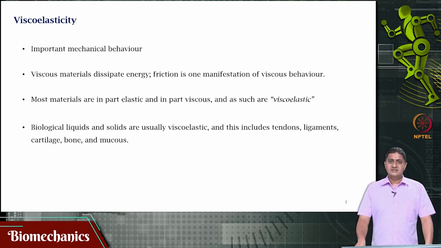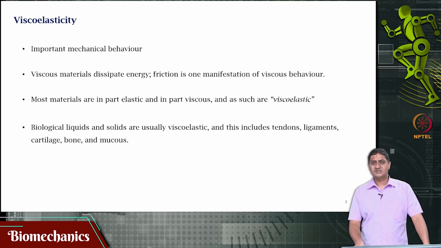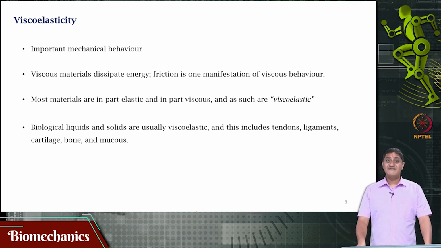Viscoelasticity is a critical mechanical behavior. It turns out that most viscous materials dissipate or expend energy. For example, friction is one of the manifestations of viscous behavior. Many materials show both viscous and elastic characteristics.